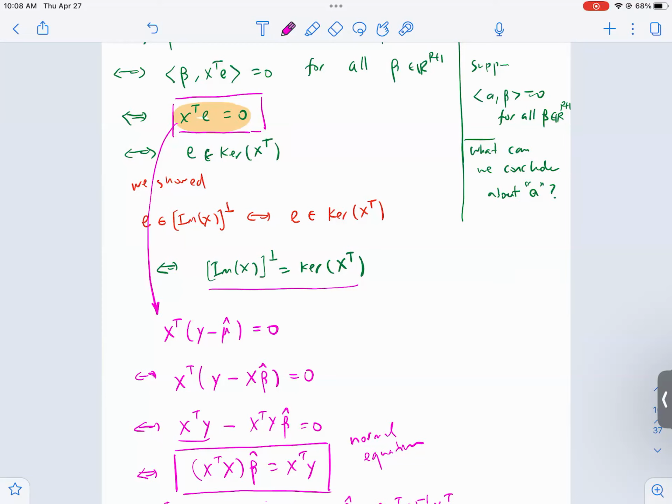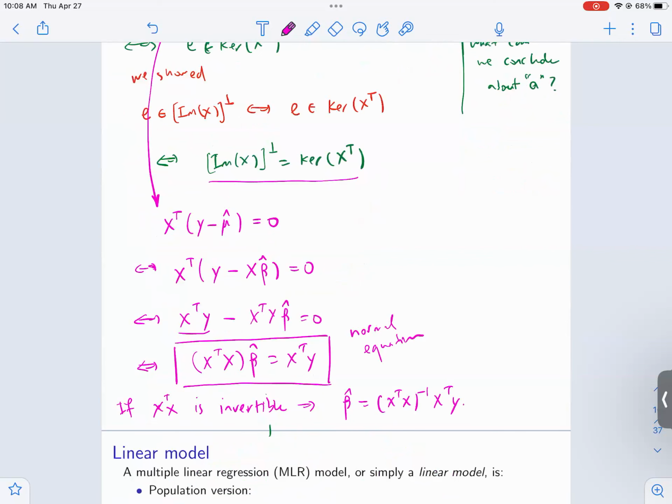This started from the orthogonality of E to the image. We got that, and then from this you get down here. Just plug in what E is: Y minus mu hat, where mu hat is X beta hat. You rearrange, and you get this set of normal equations that you can numerically solve, assuming that X transpose X is invertible.